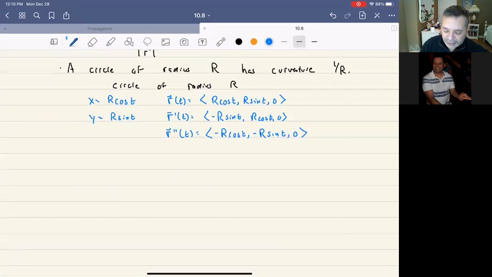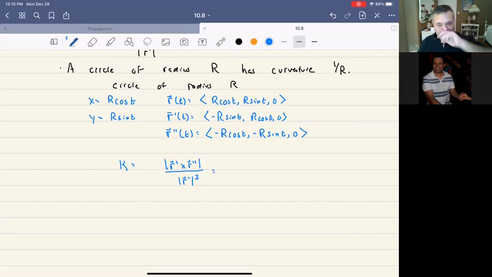So our curvature is the magnitude of r prime cross r double prime divided by the magnitude of r prime cubed. Let's take r prime cross r double prime first.